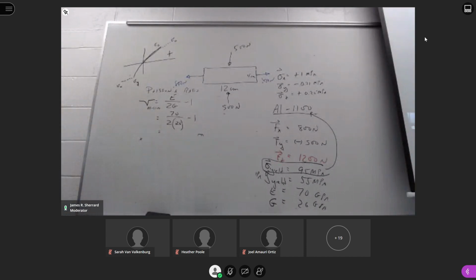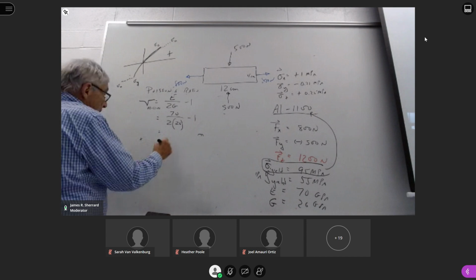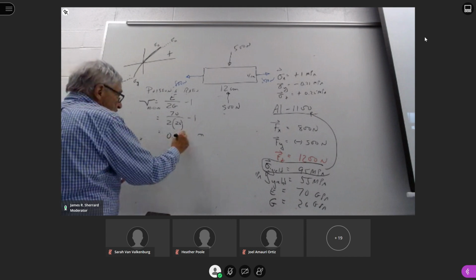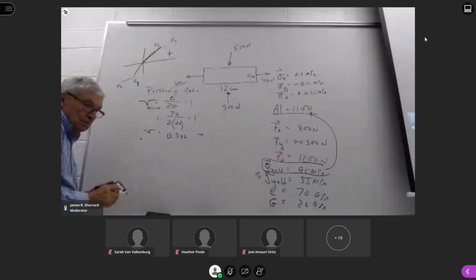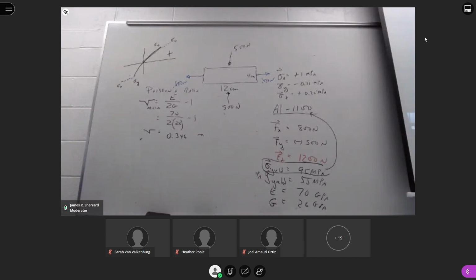So that value comes out to be 0.346. Anybody else get that? Hopefully everybody else got that. Yes, that's what I got.